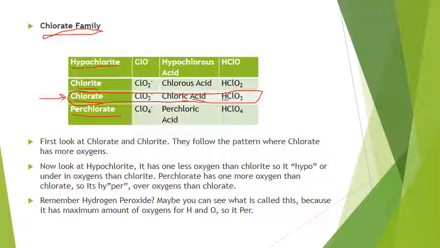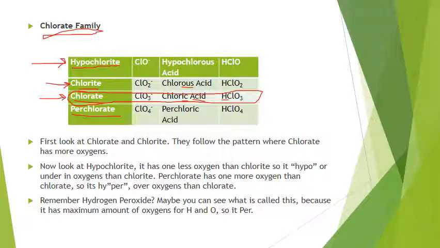Now, if the polyatomic ion has 1 less oxygen, it becomes ite, chlorite, and its acid becomes chlorous, or HClO2. Again, only 1 H, so the only thing that changes is the H. Now it turns out that it could be even one more less oxygen.